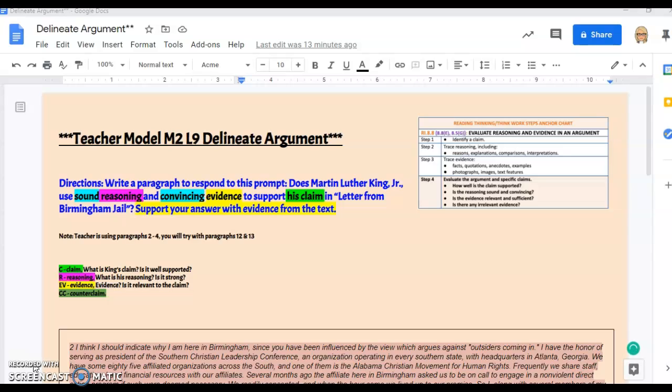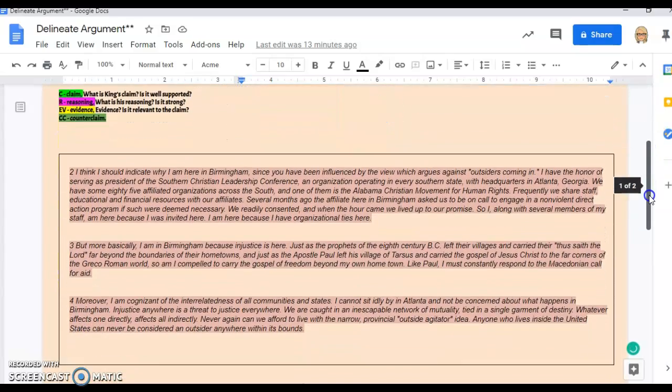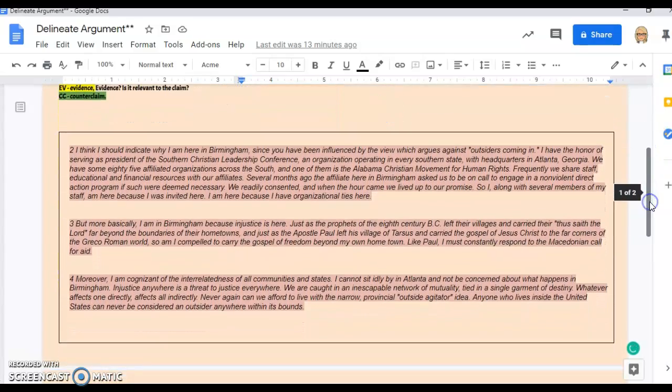Keep in mind as we go through, I am going to be delineating the argument over paragraphs 2, 3, and 4, but you guys are going to be using 12 and 13. So pay more attention to how I use the thinking steps rather than the specific content that I'm actually reading.